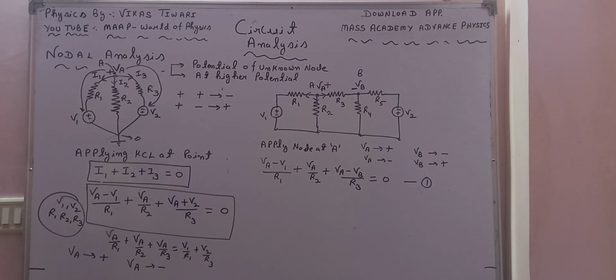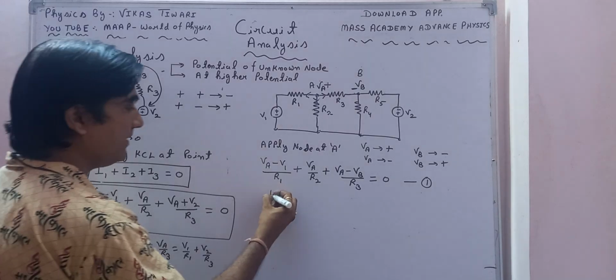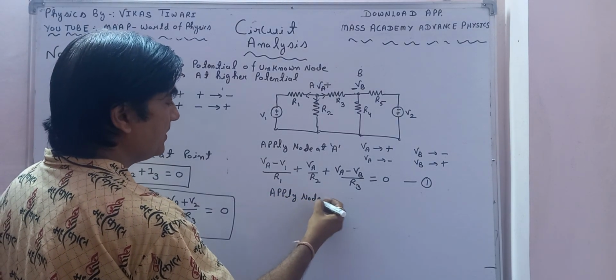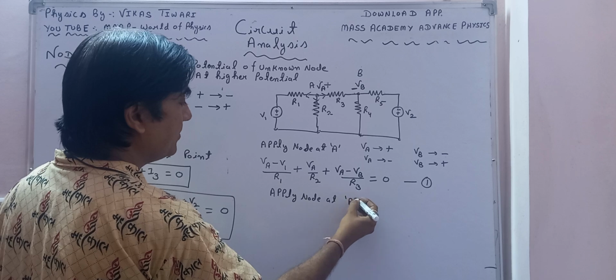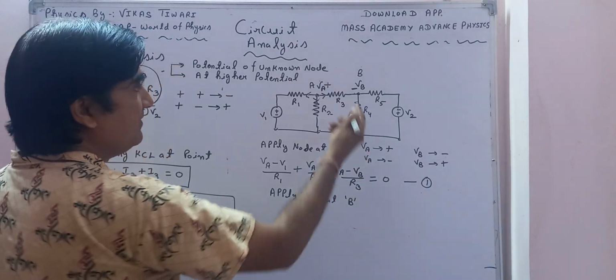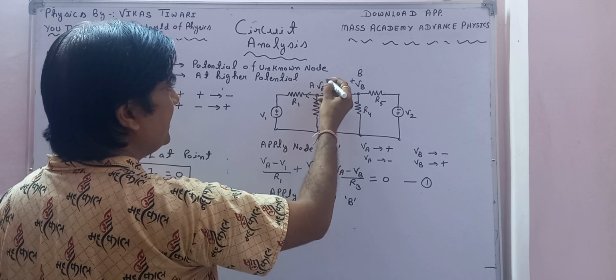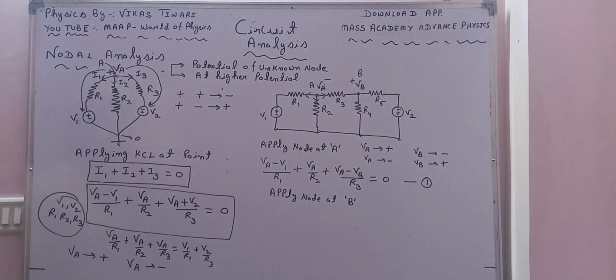Okay, and now when I am going to apply the node at B, I will say VB is taken as positive, and in that particular case VA is taken as negative.